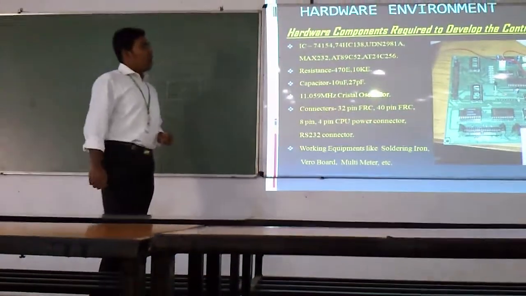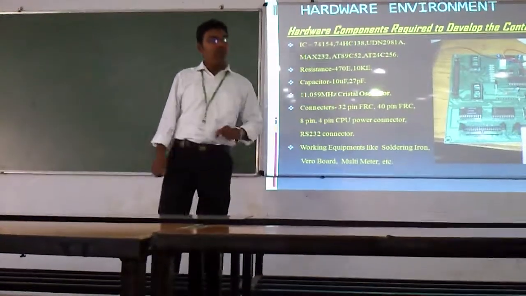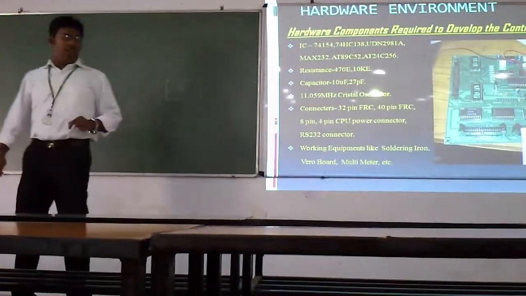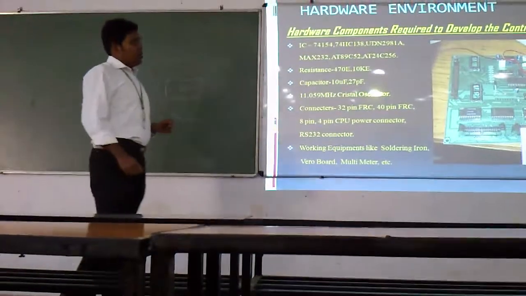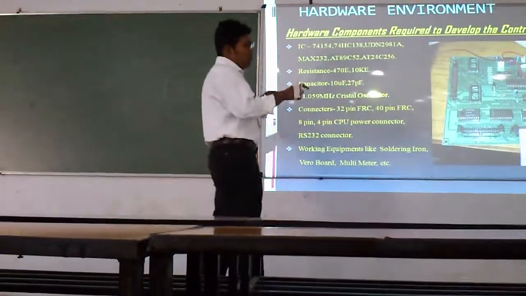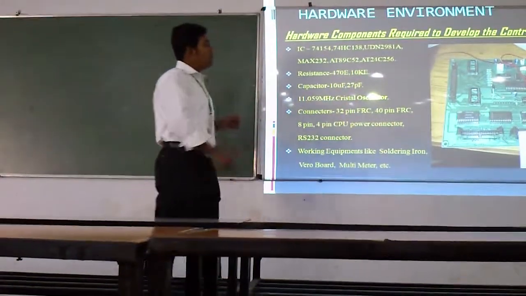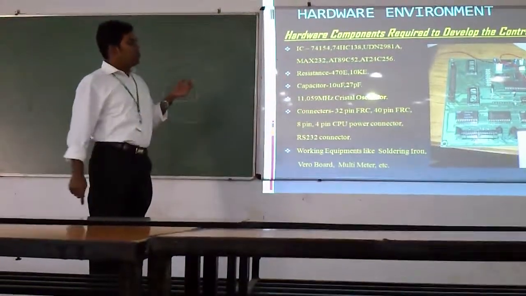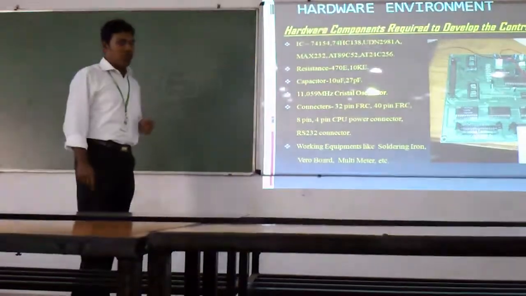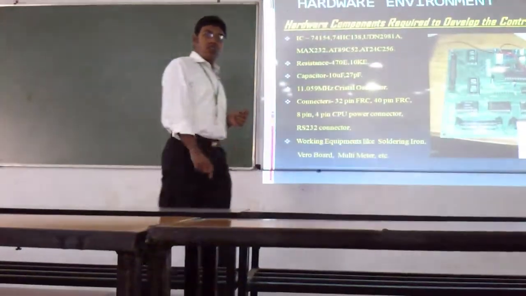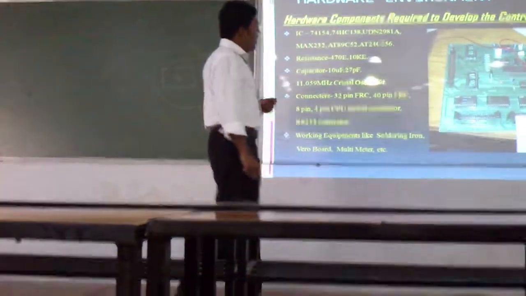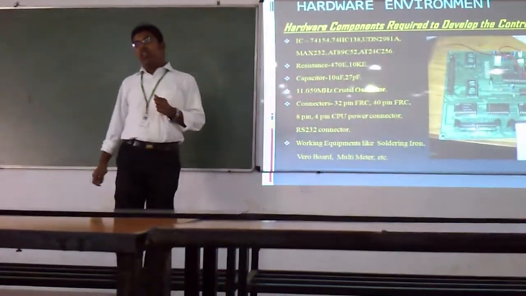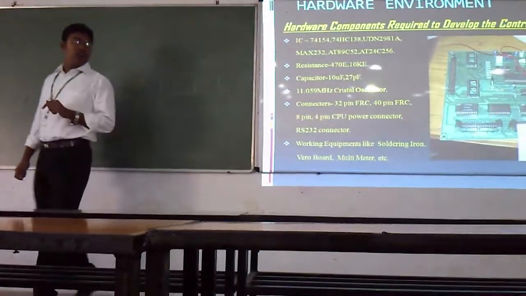Now we are coming to the hardware environment. What type of hardware do we actually require? To make the controller board, we require the IC 74154, which is a 4 to 16 line decoder, and 74138, which is a 3 to 8 line decoder.